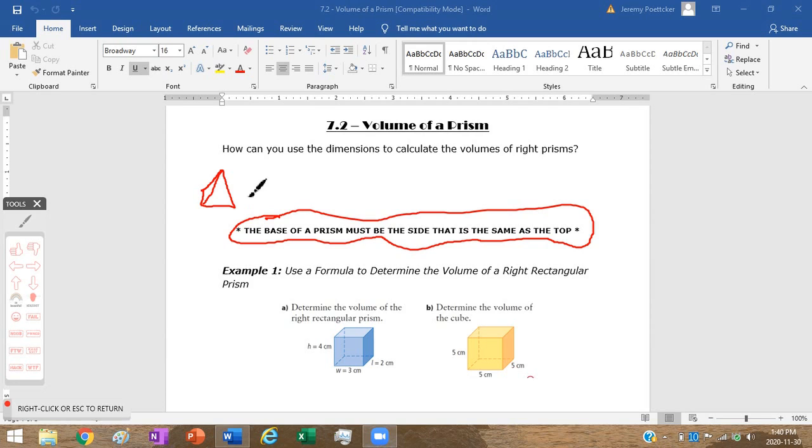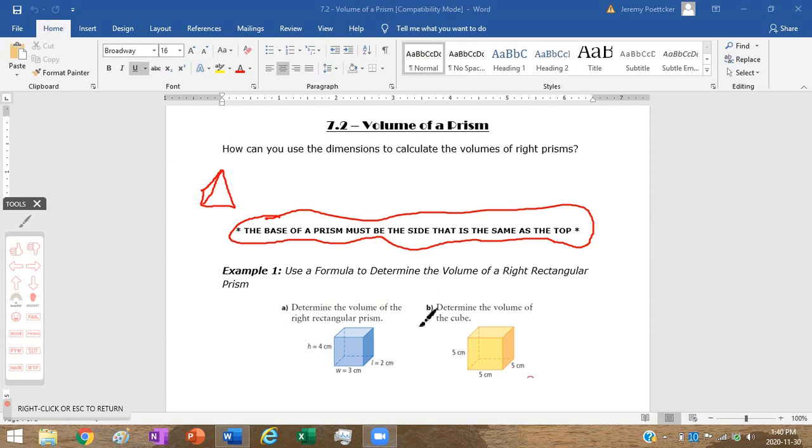These formulas we're going to develop won't work. There are formulas for those, but this is not going to be one of them. It's not going to work for a cone. It would work for a right rectangular prism, a right triangular prism, and a right cylinder. But that's really where we end, at least today.